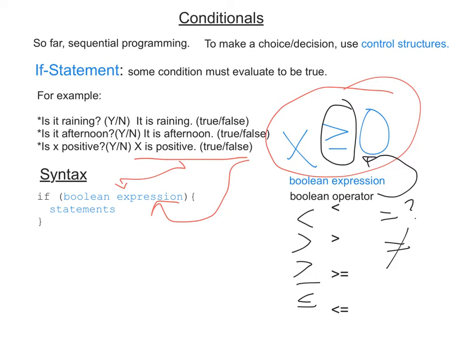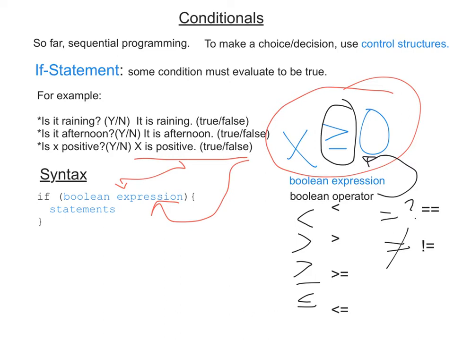But how we write the test for whether something is equal is we write two equal signs. And it's really, really important to keep that separate in your head from the single equal sign, which is an assignment operator, because those are two very different things. And then the test for inequality is an exclamation point and an equals.